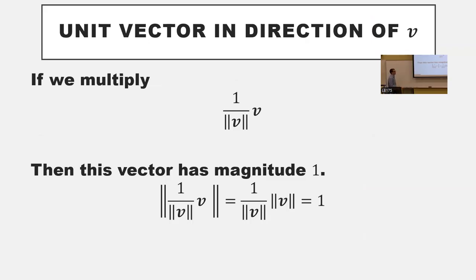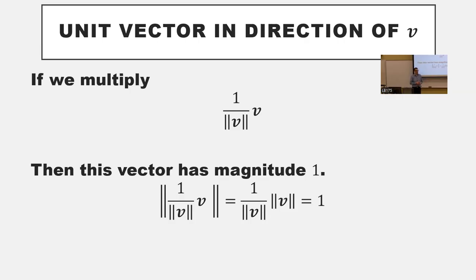If I want to figure out a unit vector in the direction of vector v, what I do is I just take the reciprocal of the magnitude of v as a scalar and multiply it times vector v. That has to have length 1 because of our previous slides.